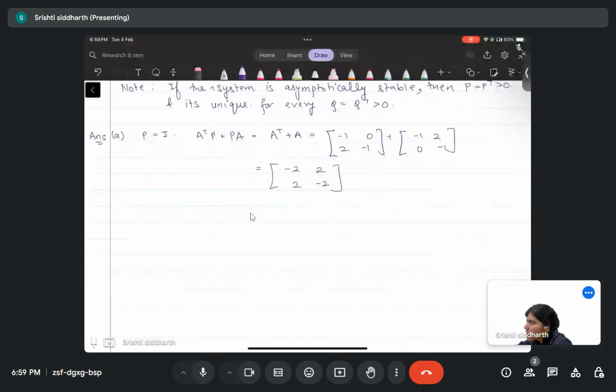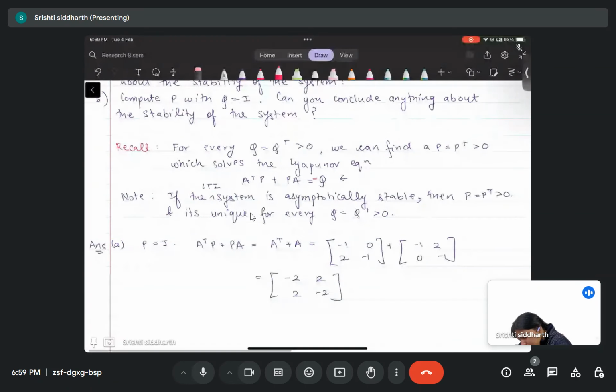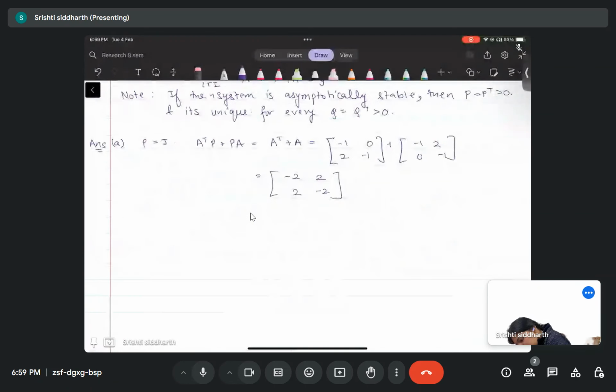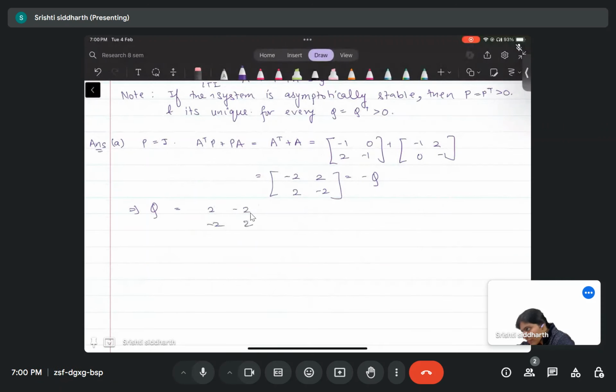Okay, it is actually on the negative signs and we will have this minus 2. It becomes 2, minus 2, minus 2, 2. So Q is symmetric. Here Q transpose is 2, minus 2, minus 2, 2.